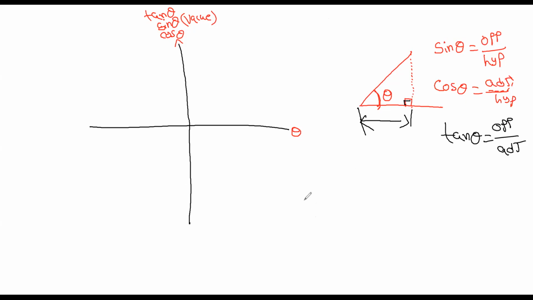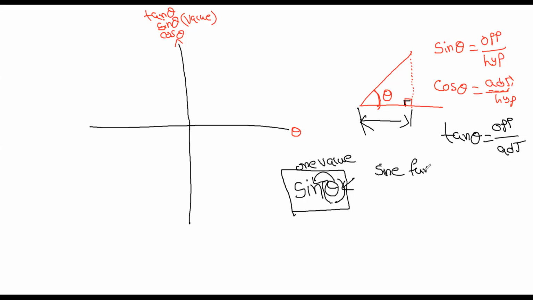Here, sine is a function, right? So sine theta, this total combined, is one value. Sine is not separate from theta. Here sine is not multiplying with theta. Theta is the input for this sine function.